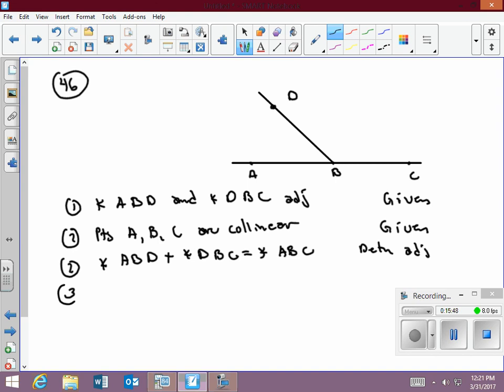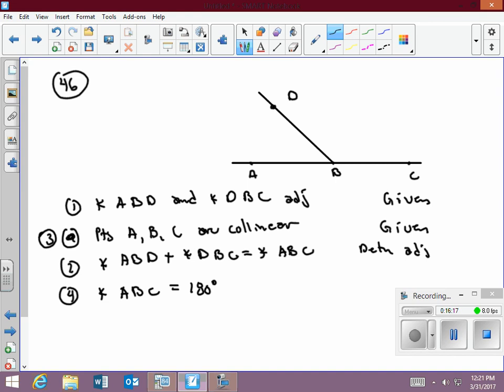Then they're saying three, A, B, C are collinear, and that's given. Then four, angle ABC equals 180.